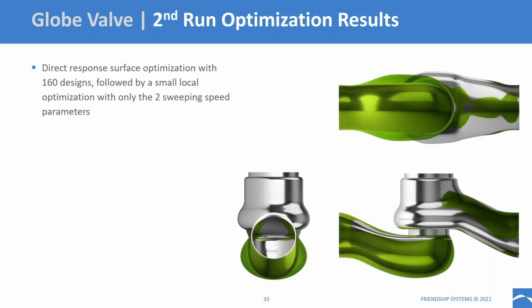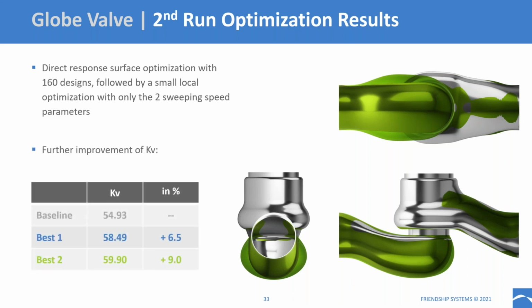We took the final design from the response surface optimization, and starting from that design, we did a local search with just 2 parameters, which are these sweeping speed parameters that I explained just before. As a result, we got a further improvement of the flow coefficient. In the end, we have an improvement of about 9% compared to the baseline that we started with.